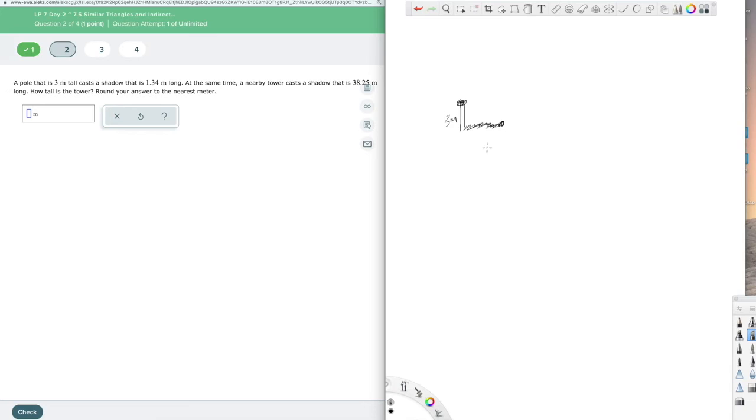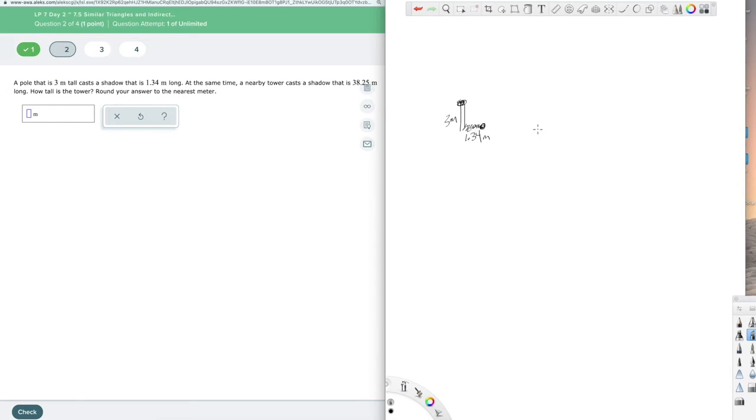And it's 1.34 meters. Oh, should it have been that long? Probably not. Let's shorten that up just a little bit. I'll make it very short like this. 1.34 meters. I should have looked at that before I started drawing the shadow. I read it and it didn't stick in my brain when I started drawing. So here's the pole, here's its shadow, right?